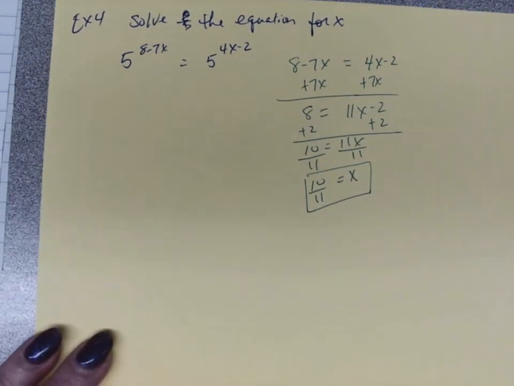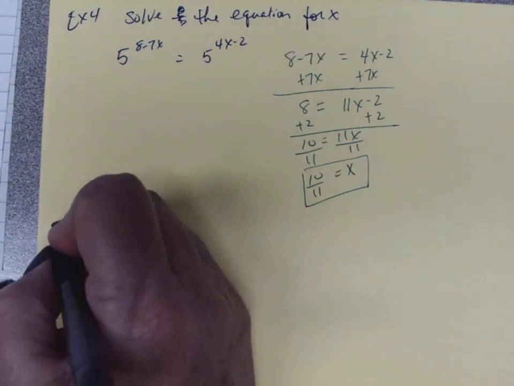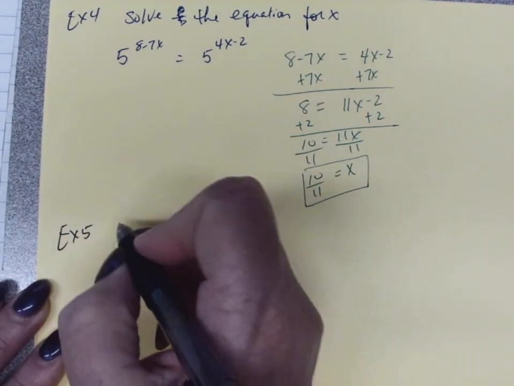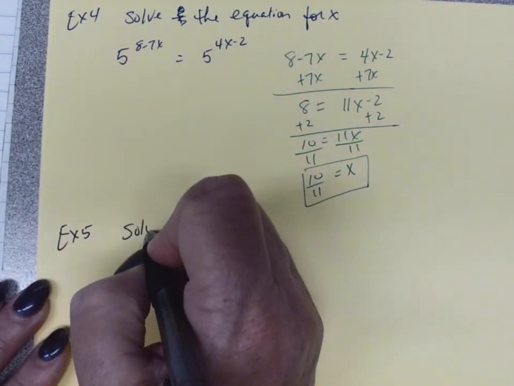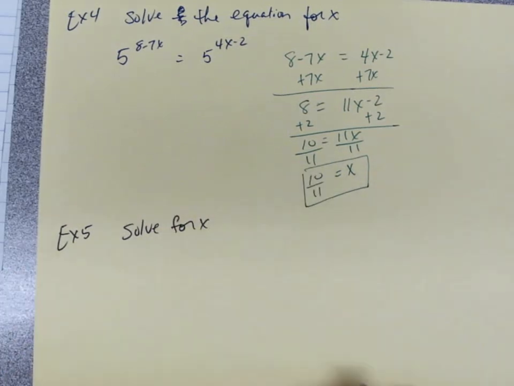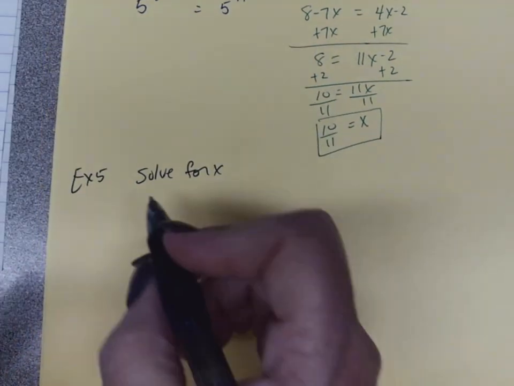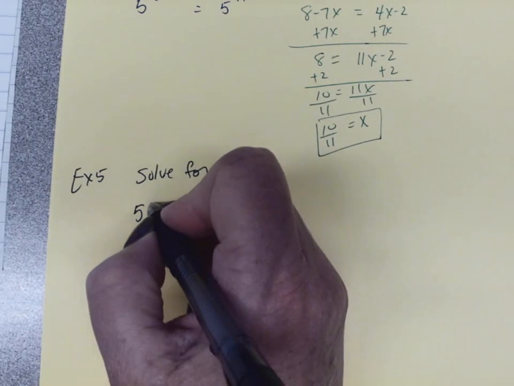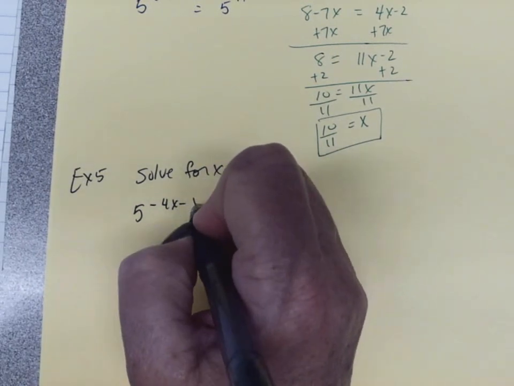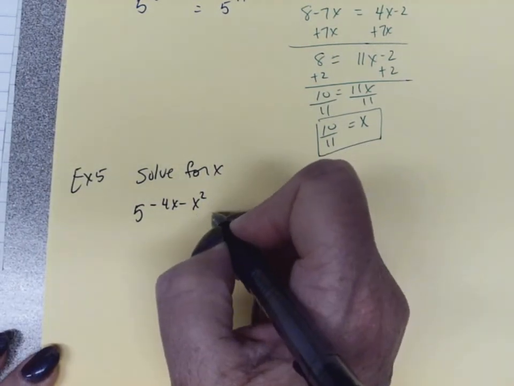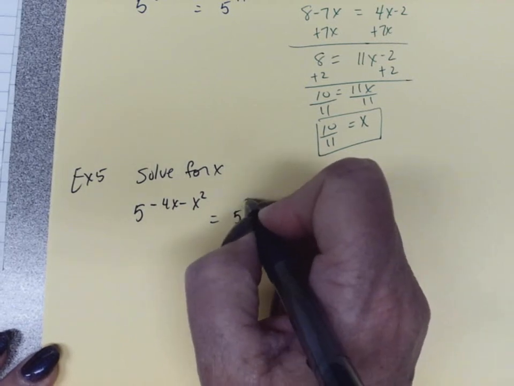Okay, let's go look at our next problem. On example 5, we are again going to solve for x. So if we have 5 to the negative 4x minus x squared equals 5 to the third.